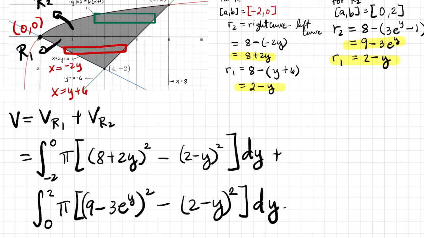Okay? So this is now the sum of the definite integrals that will give us the volume of the solid generated by revolving the region. Okay, so that's it. Thank you for listening and good luck.